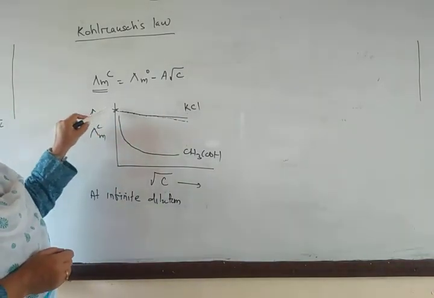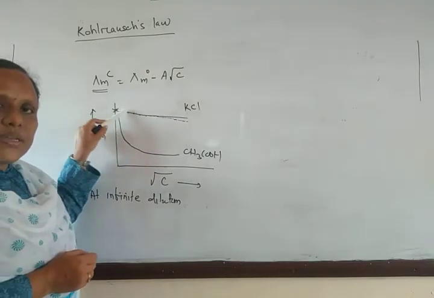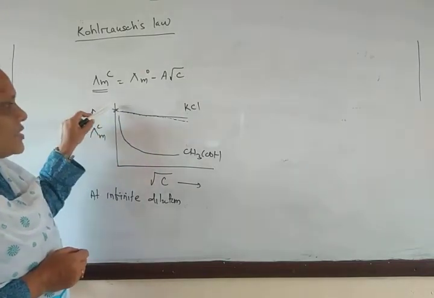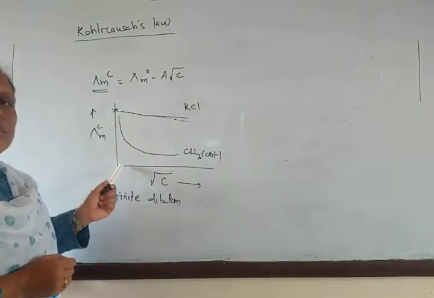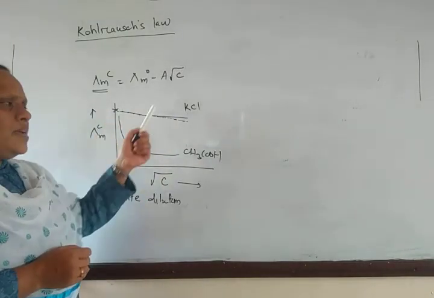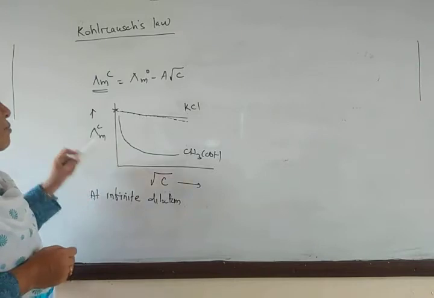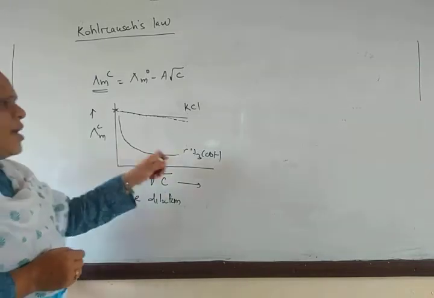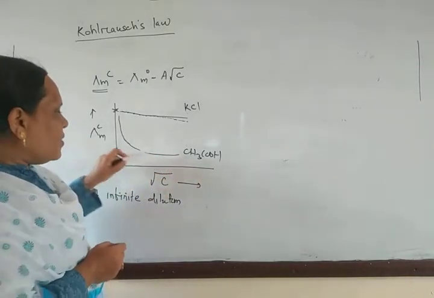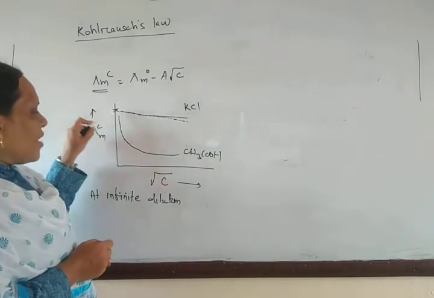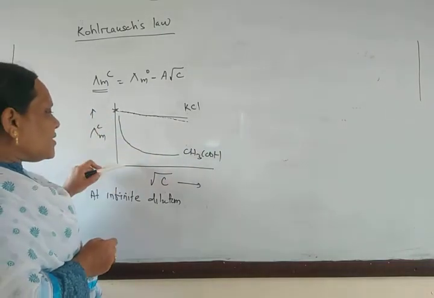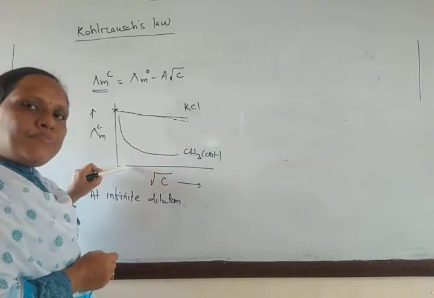For a strong electrolyte, by extrapolation of this graph, we can find out its conductance value at infinite dilution experimentally. But for a weak electrolyte, on dilution it increases sharply, so we cannot find its limiting conductance value at infinite dilution.